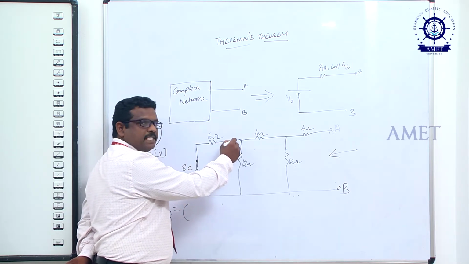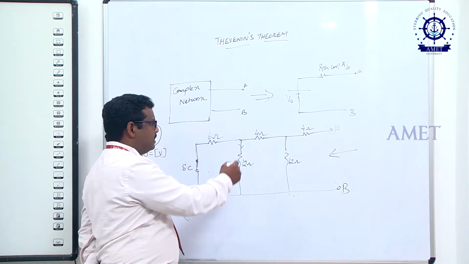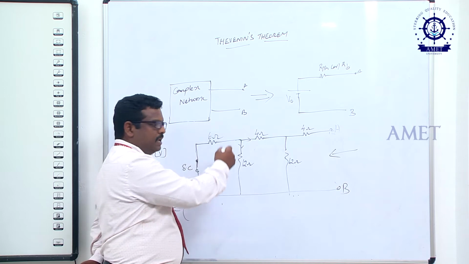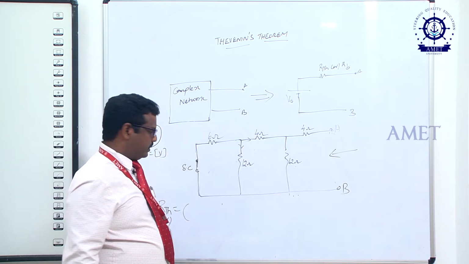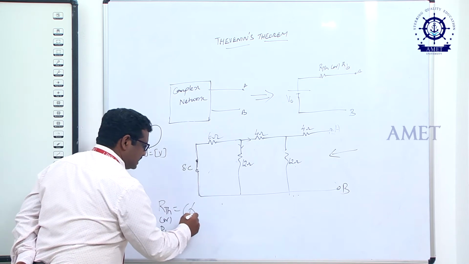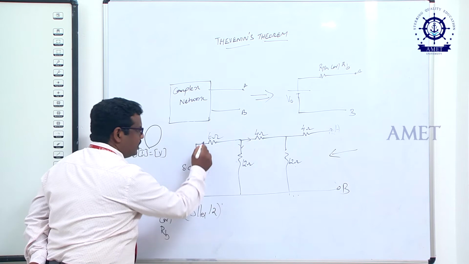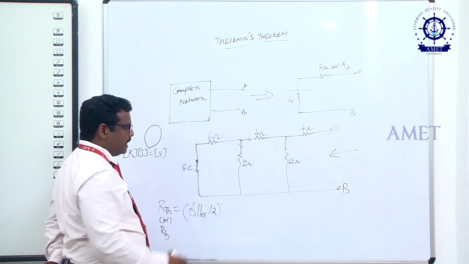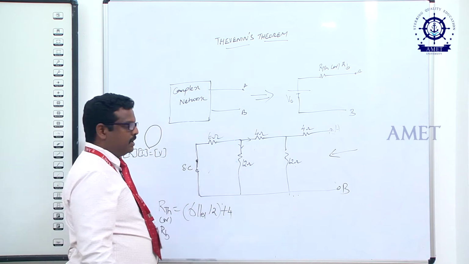Whenever the current takes a branching, either flowing through this path or this path, then these two are parallel with each other.